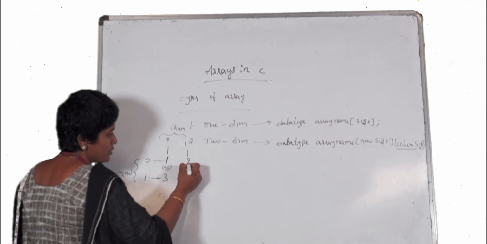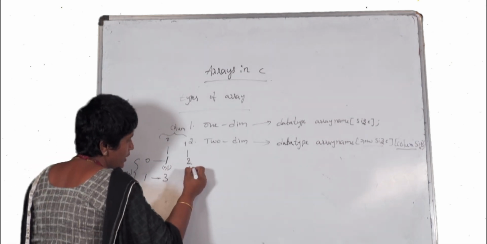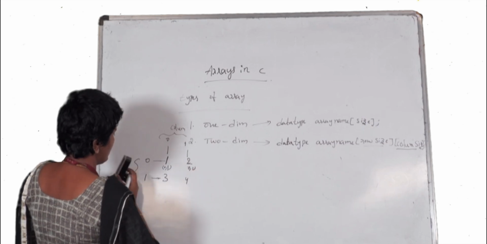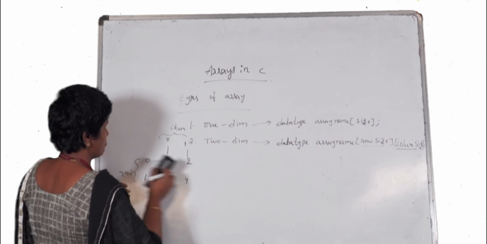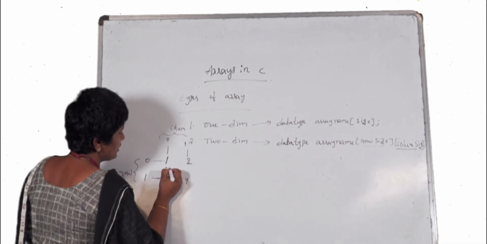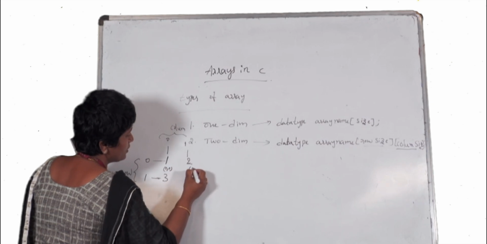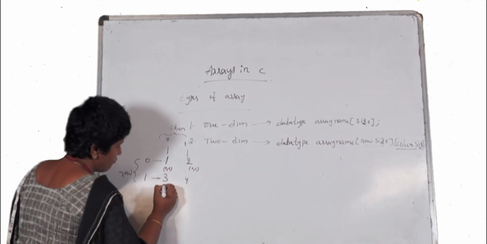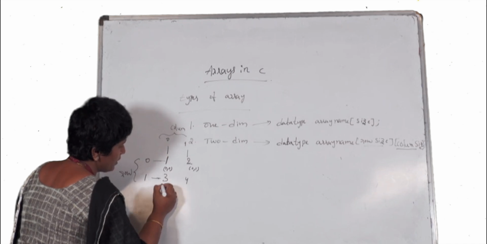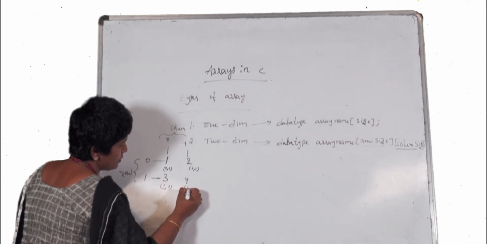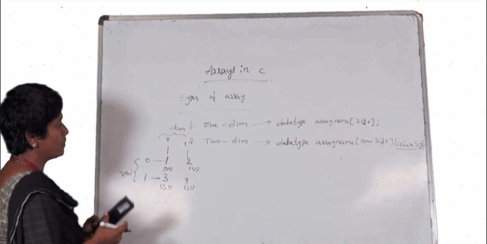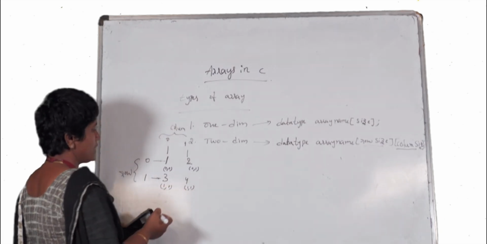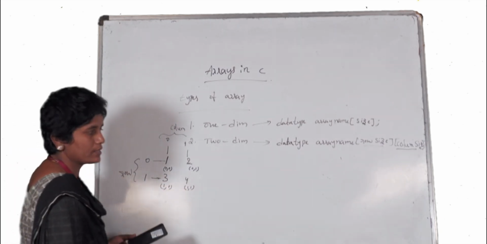What is the position of 2? 0 row and first column. What is the position of 3? First row and 0 column, and 4 is first row and first column. So by using the two-dimensional array, we can read the matrix elements.